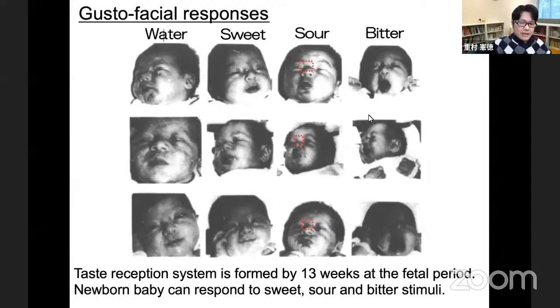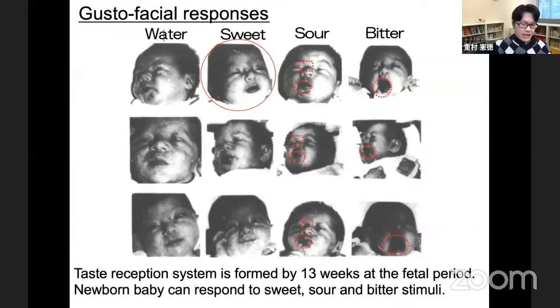For example, the baby shows wrinkling of the nose and puckering of the mouth to sour taste, like this, and gaping and opening the mouth to bitter solution to try to eject the solution, like this. While the baby looks happy, there is no clear response to sweet stimuli.